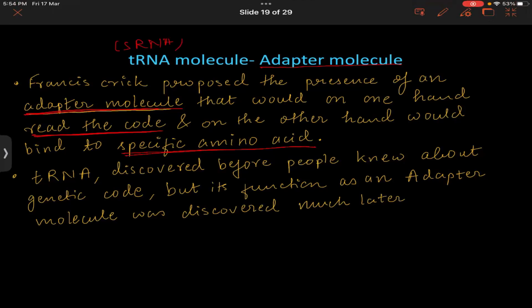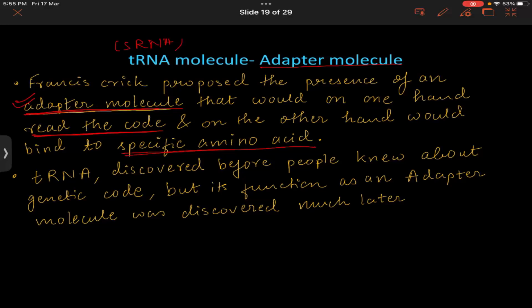The name transfer RNA came later on. So people later on discovered that tRNA is actually this particular adapter molecule. Hence, they changed its name. So why, or how, is the tRNA able to do these two things?